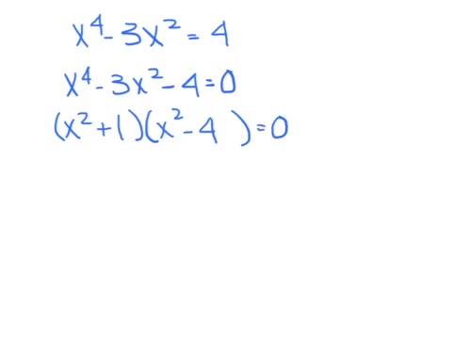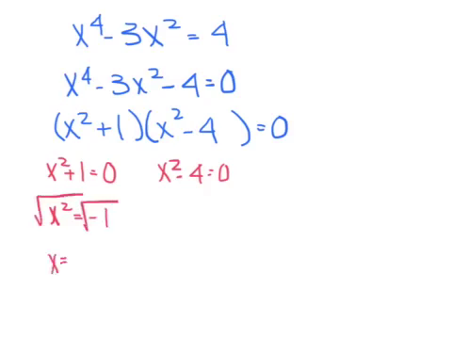And then since this whole thing equals 0, we can solve from there. X squared plus 1 equals 0, and x squared minus 4 equals 0. X equals plus or minus i. X equals plus or minus 2.